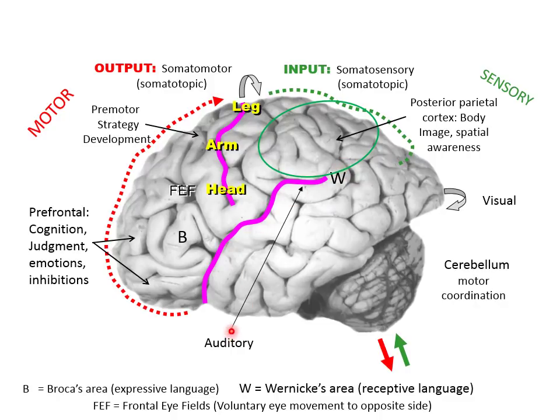We also see primary auditory cortex a little more anteriorly in the superior temporal gyrus, and much of it is buried deep in the fissure, providing auditory information. The cerebellum is involved in motor coordination, as we'll discuss later in the course. Notice that most of the back of the brain is involved in sensory information.